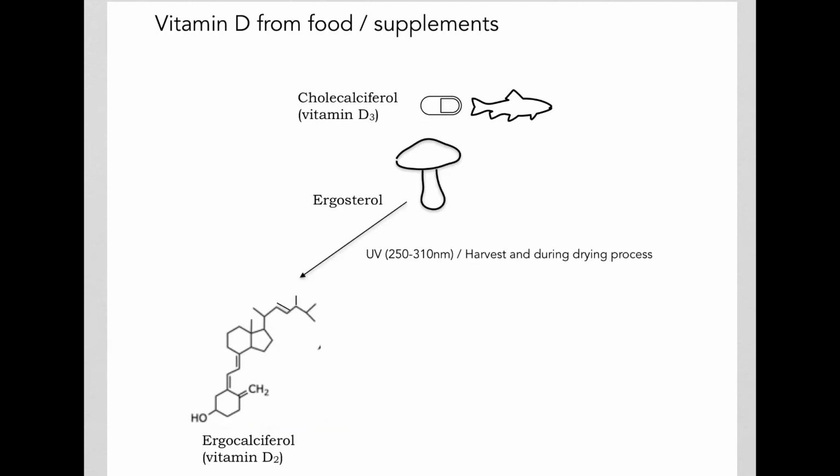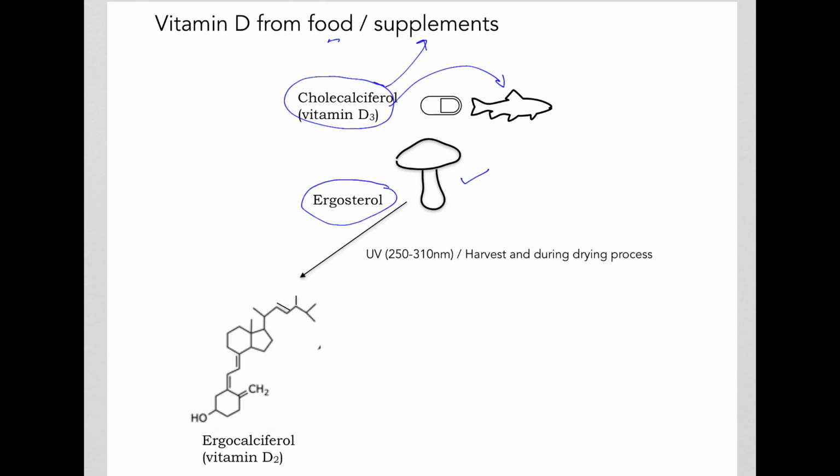Besides synthesis in the skin, vitamin D can also come from food. So vitamin D3, for example, can come from supplements as well as certain food. And then there are also plants such as mushrooms that are very rich in ergosterol.